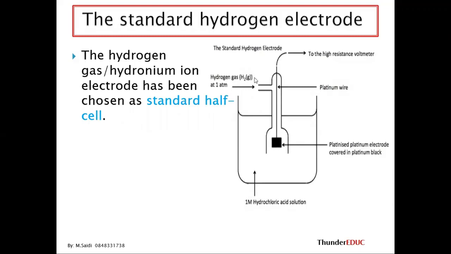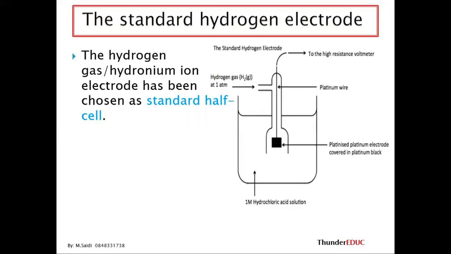Because hydrogen is a gas, so we need something for the hydrogen to go to so that it can react. This platinum provides a surface area for the hydrogen to react. So it comes like this to platinum, and when it reaches platinum, then it can react from here.